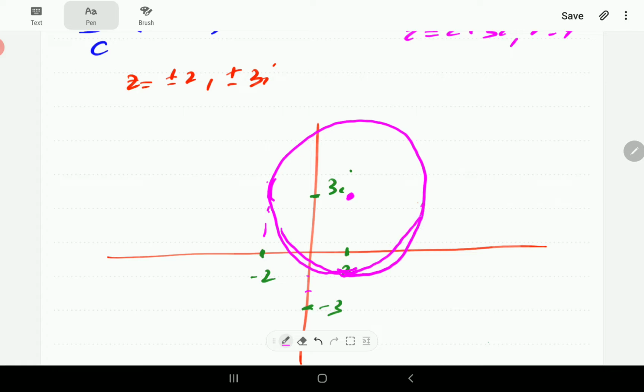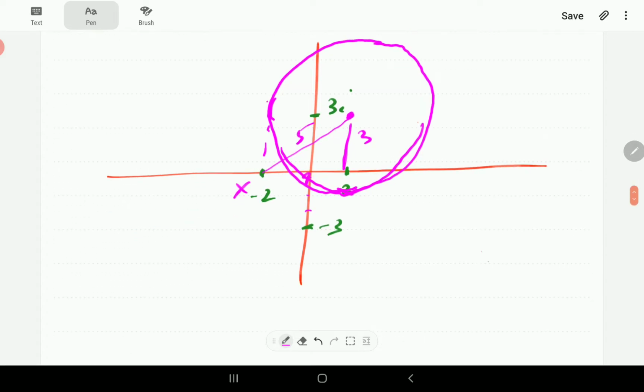Okay, from this sketch, the only two singularities that are going to be inside are 3i and 2. But just to be sure, this distance here is going to be the square root of 3 squared plus 4 squared, so that distance is going to be 5.